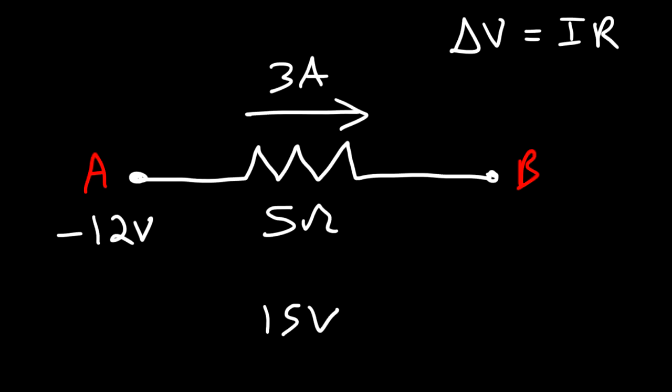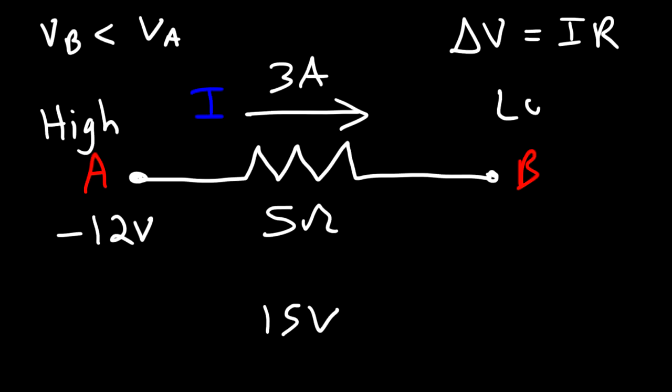Now, which point has the higher electric potential value? Is it A or B? The current always points to the low electric potential value. So that means that VB has to be less than VA. So current always flows from a high electric potential value to a low electric potential value. So what should we do?